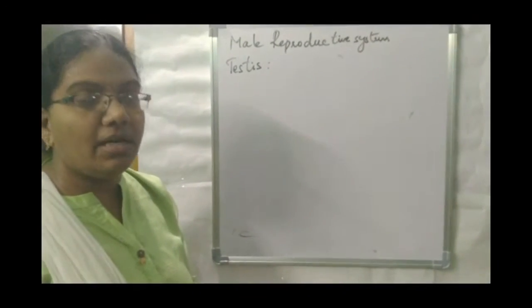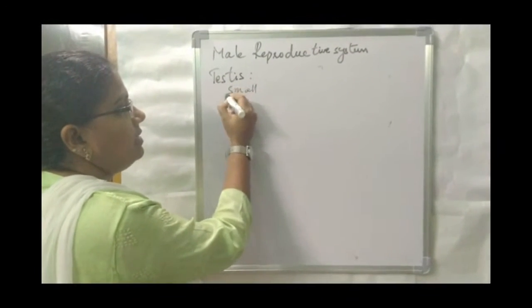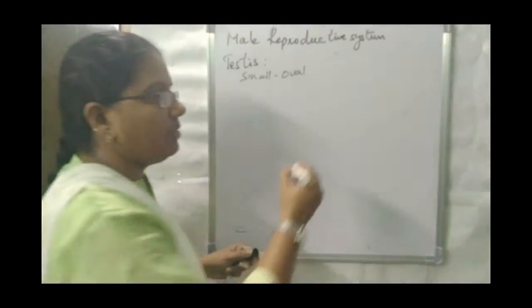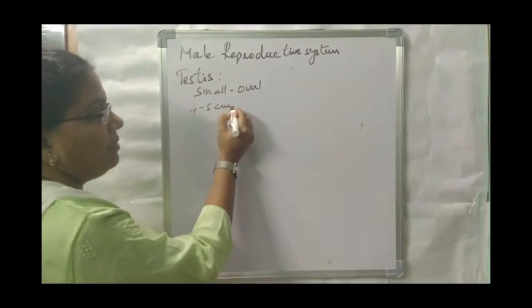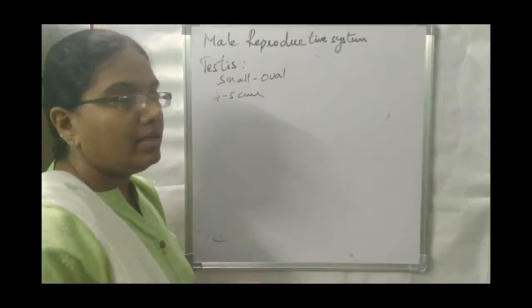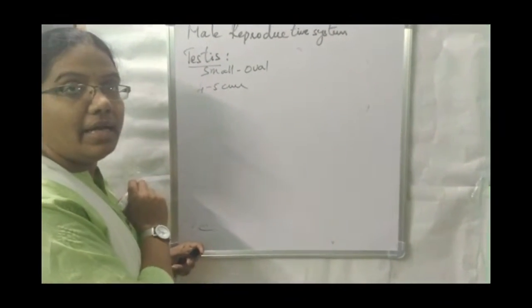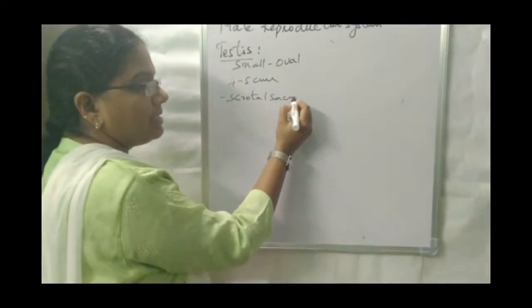The testes are very small in size. What is the shape? The shape of the testis is oval. These testes are about 4 to 5 centimeters in length. The testes are located in the scrotal sacs.